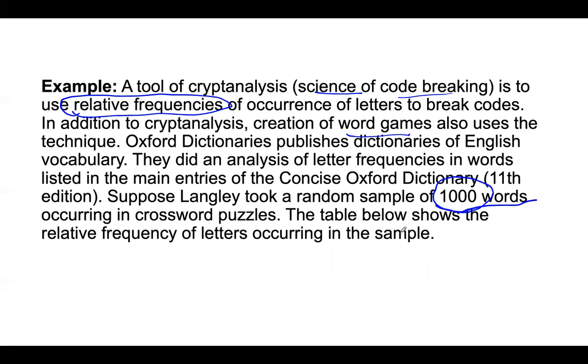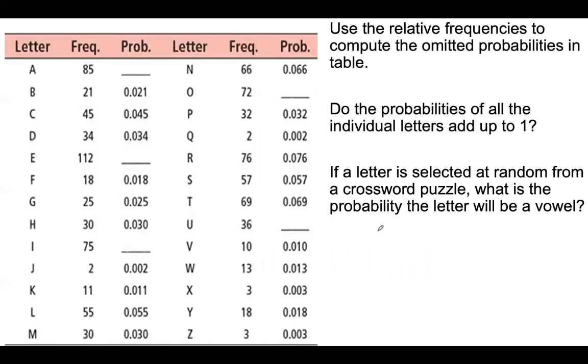And the table in the next slide shows the relative frequency of the letters occurring in the sample. So from A to Z, we counted how many occurrences of these letters occurred in 1,000 words. And we could add up the frequency, and you should notice that it's over 1,000.